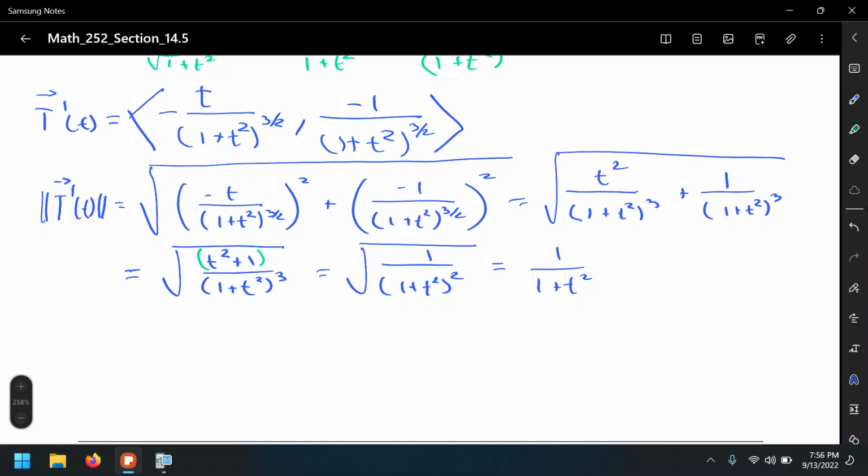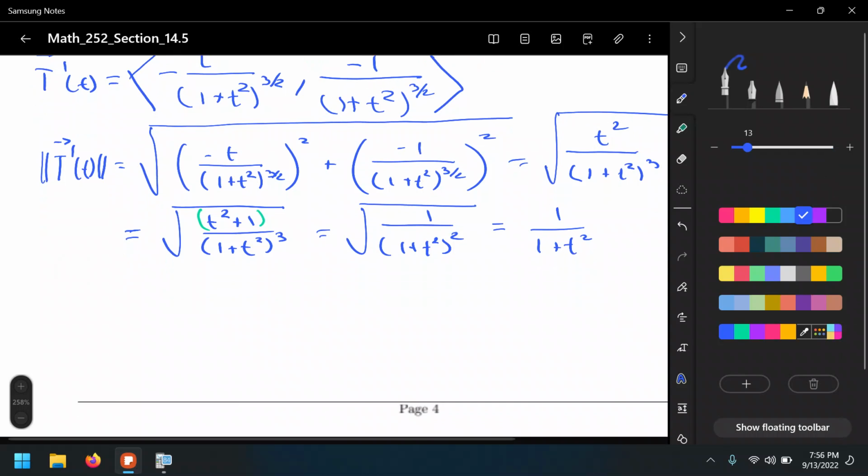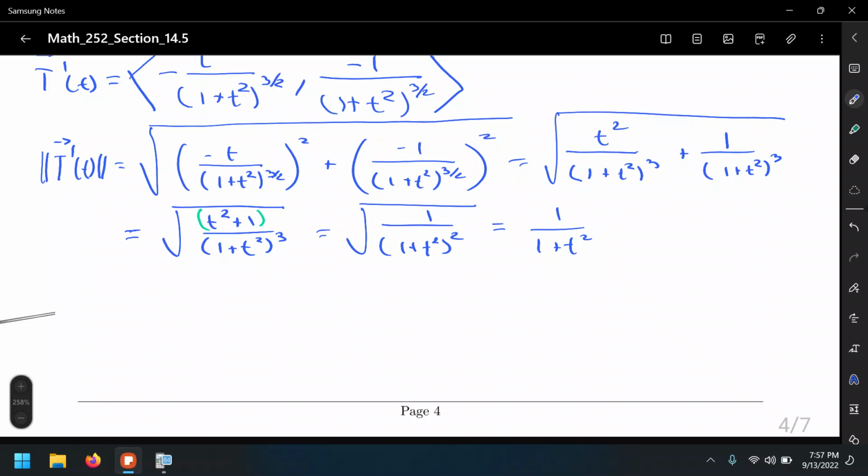Now we can finally calculate or find an expression for the normal vector. So this will be n of t equals the derivative of the tangential divided by its magnitude.